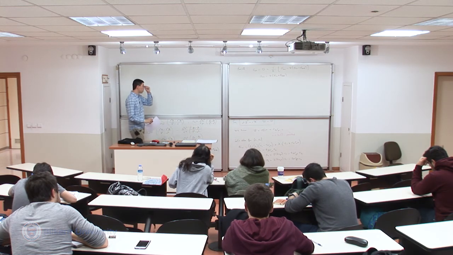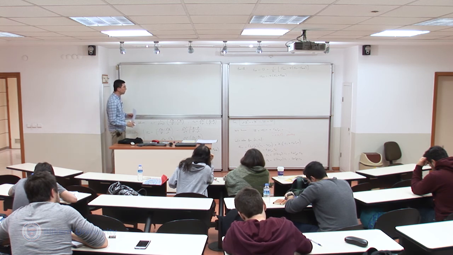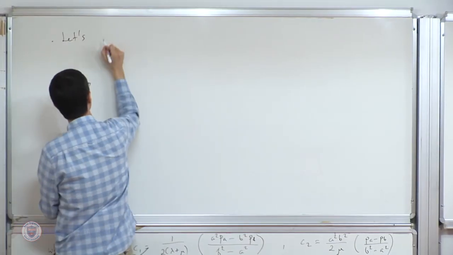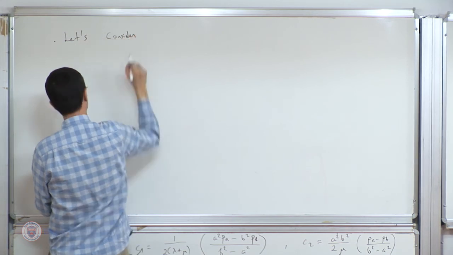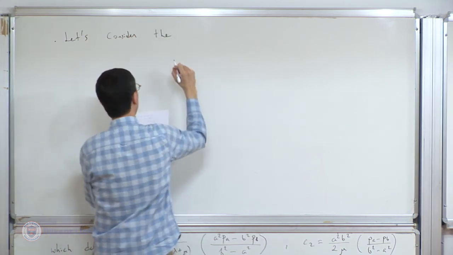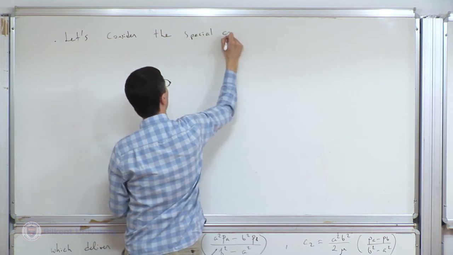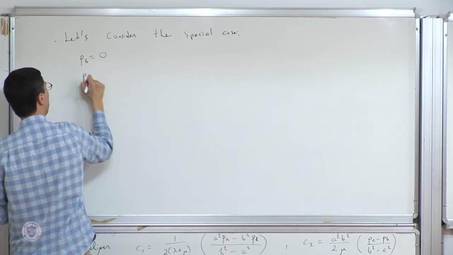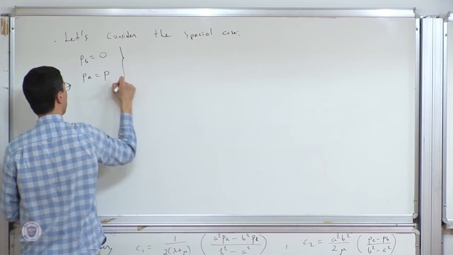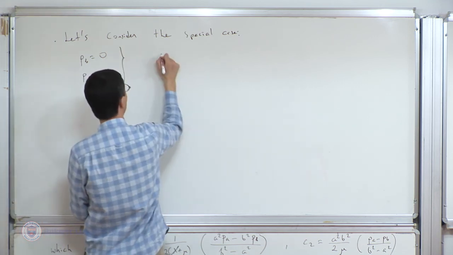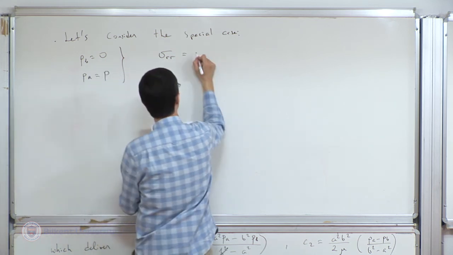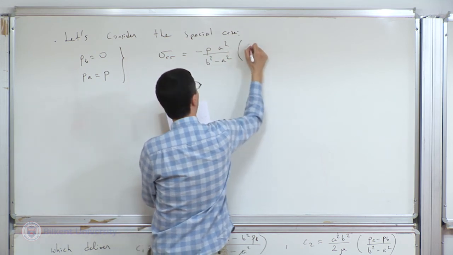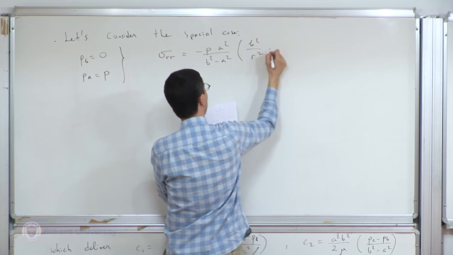Okay. So the last thing I would like to do is consider one special case. For the sphere, we considered several, but in this problem, we'll consider only one, which is the case where the outer pressure is 0 and the inner pressure, let's call it P. So it's internally pressurized, and then you can simplify your solution. Sigma RR is... I'm not making any assumptions about the thickness or something at this stage.